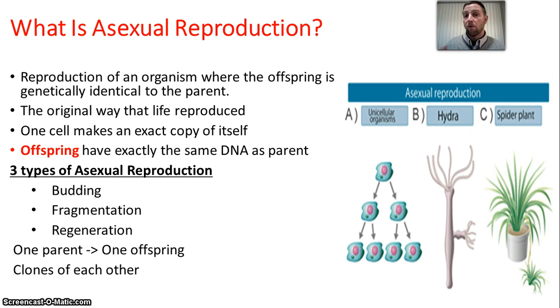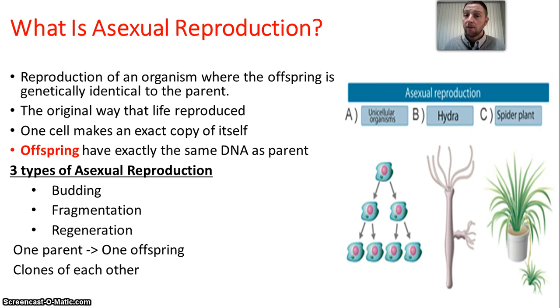So we have one cell making an exact copy of itself. No changes unless there's possibly a mutation. But most of the time, asexual reproduction leads to an exact copy of that cell.